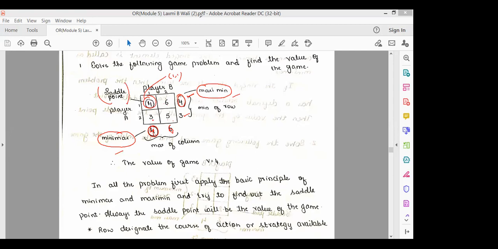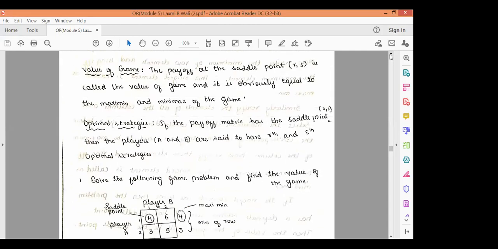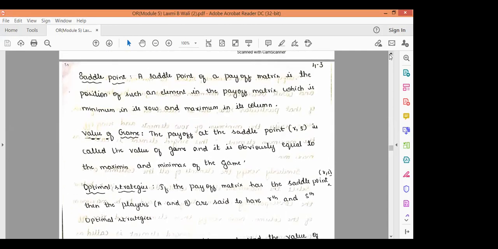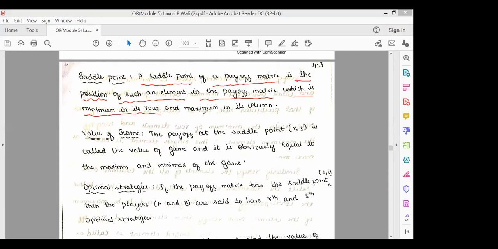So I'll go to the previous definition. What is a saddle point? A saddle point of a payoff matrix is the position of an element in the payoff matrix which is minimum in its row and maximum in its column.